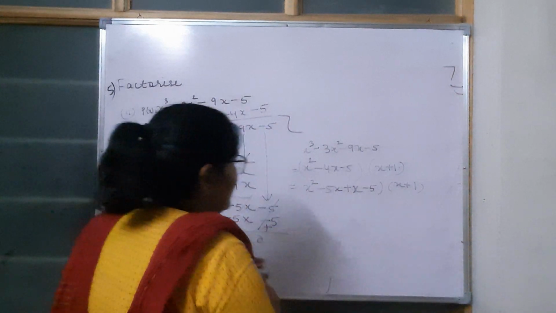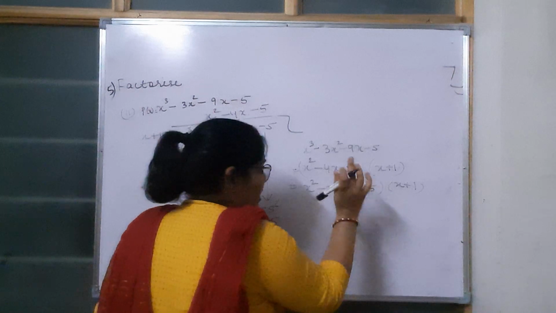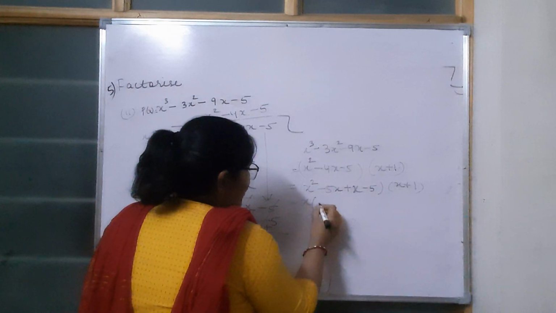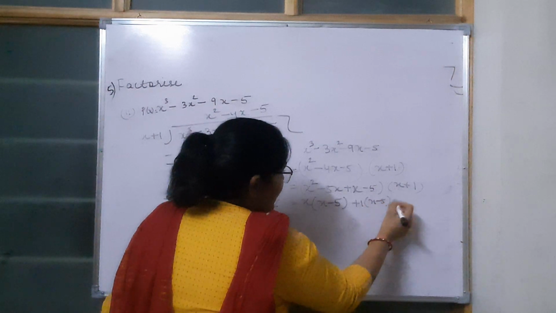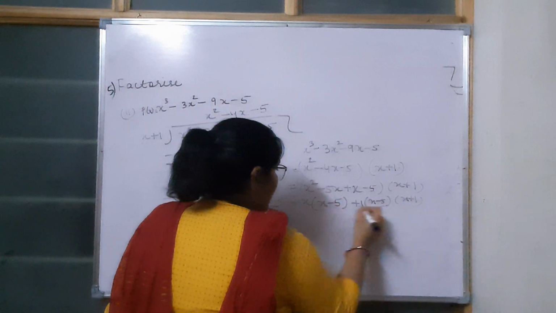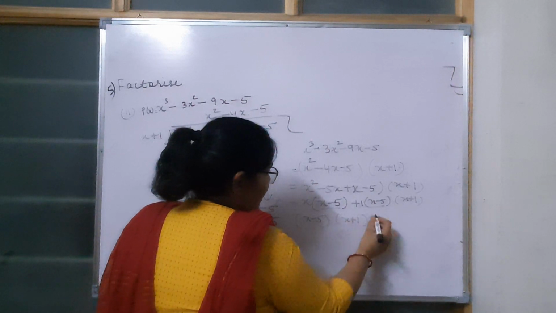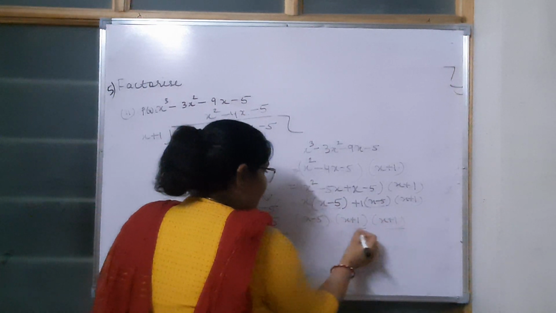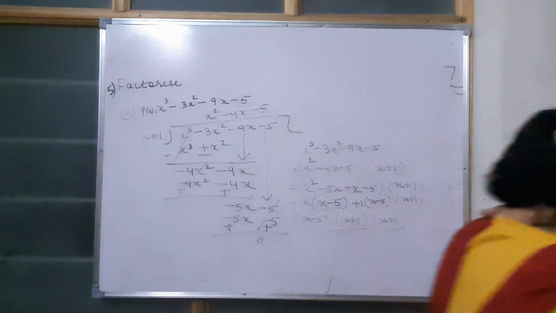We can just split it. x square minus 5x plus x gives minus 4x, and here minus 5. Now I am taking x common here, so x minus 5, and here I am taking 1 common, so x minus 5 and then x plus 1. This is x minus 5, this is x plus 1, and we have x plus 1. So three factors are x minus 5, x plus 1 and x plus 1.